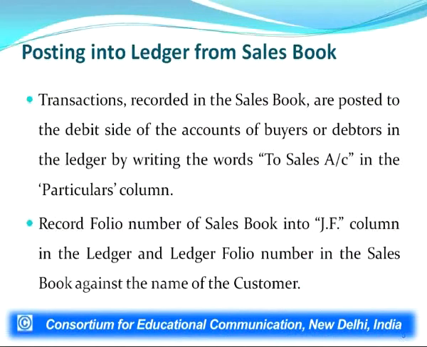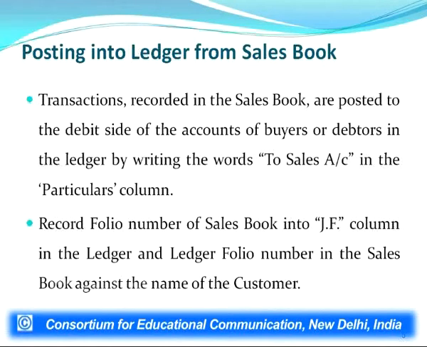So, how to make the posting into the ledger? The transactions recorded in the sales book are basically credit sales. In case of a credit sale, the customer or debtor is the buyer, he is the receiver. So, as per the rules of debit and credit for personal accounts, debit the receiver.